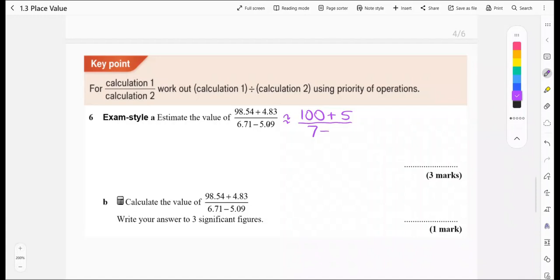And that is take away the 0, it's going to round that to a 5. So we now have 100 plus 5 divided by 7 minus 5. That is 105 divided by 2. So if we halve 105, we will get an answer of 52.5.